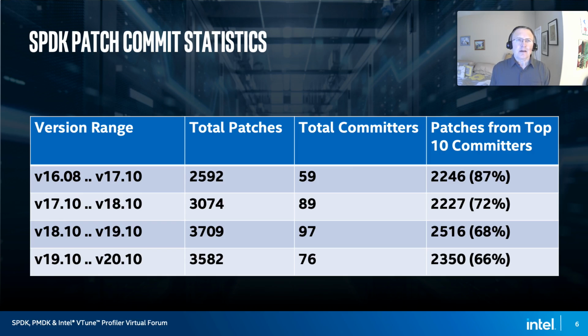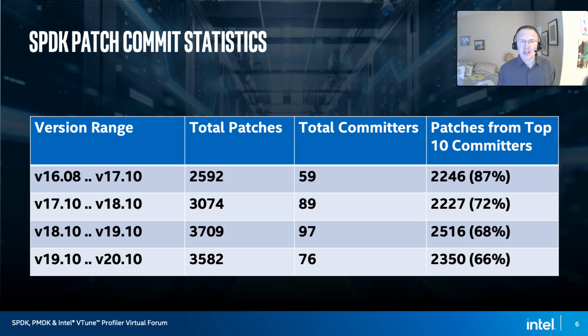So when we look at the patches, one of the things we like to look at is, on a year-by-year basis, how many patches are being contributed to SPDK, how many committers, and then also starting to look at how that evolves over time. Early on in the project, it was a very small handful of people who were doing the bulk of the development. And so you can look here for the most recent. Over the last year, we just did our 20.10 release, October 31st, so this is very, very recent data.